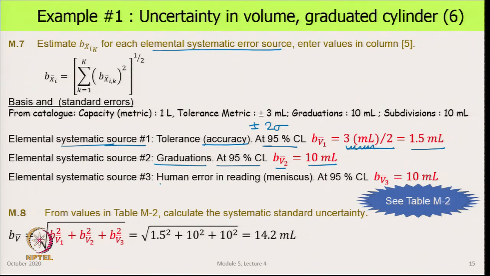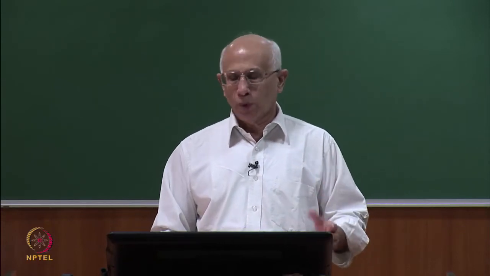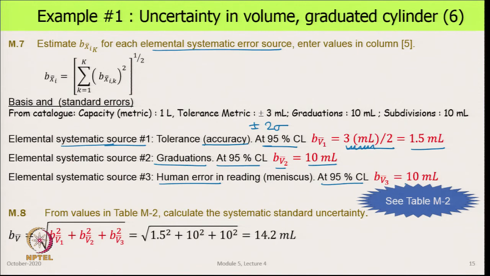And the third thing we have done here is put up a value for the human error in the reading, and we say that at 95% confidence level, we are unable to locate anything better than what the graduation itself is, and then it depends how we report it. So, here a maximum deviation would be 10 milliliters.